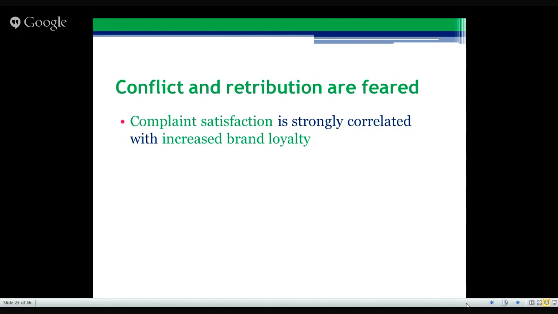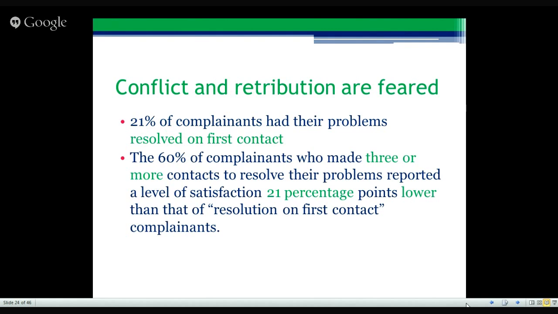They were angry about something at first, and then you were able to solve their problems. So it's important to understand the connection between complaint satisfaction and brand loyalty, which has a strong correlation.